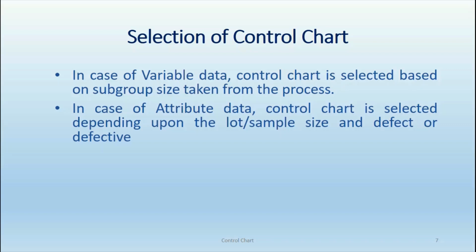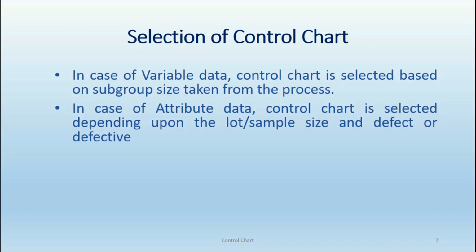When you have attribute data or discrete data, how do you select the control chart? Suppose you are monitoring defects and your lot size is constant, then you have to select the C chart. If you are monitoring defectives and your lot size is constant, then you have to select the NP chart.